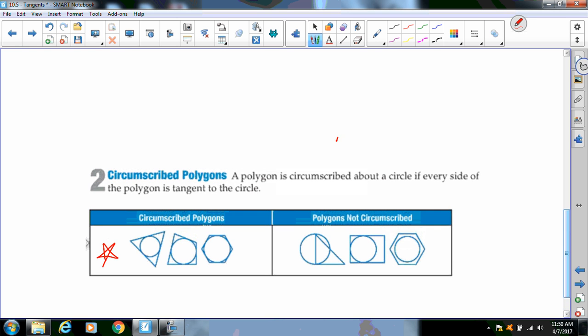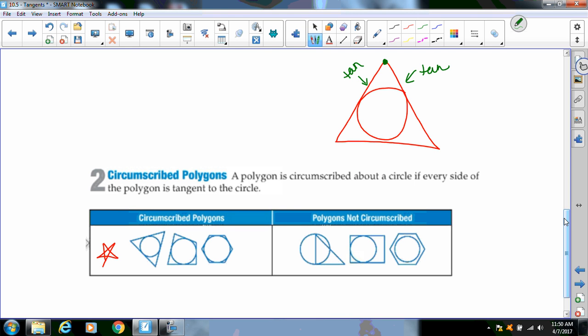If I have a polygon circumscribed about a circle, that's a terrible drawing, but you understand. Here's something you need to pay attention to any time you're working on a problem. This would be a tangent line, and this would be a tangent line. And notice they're both coming from this point here.